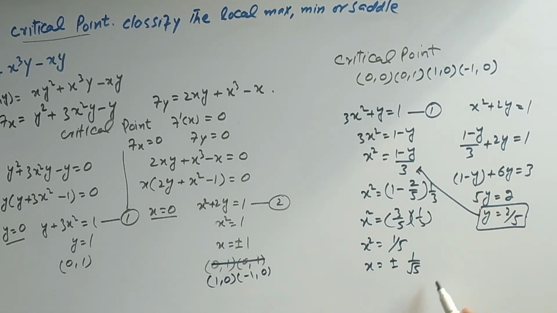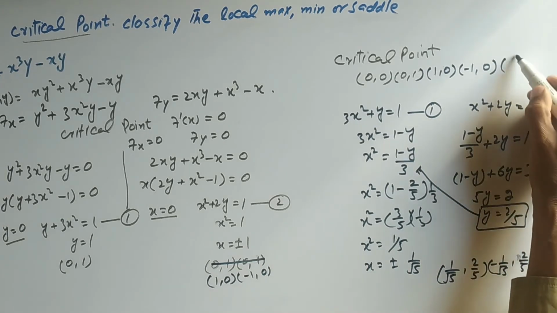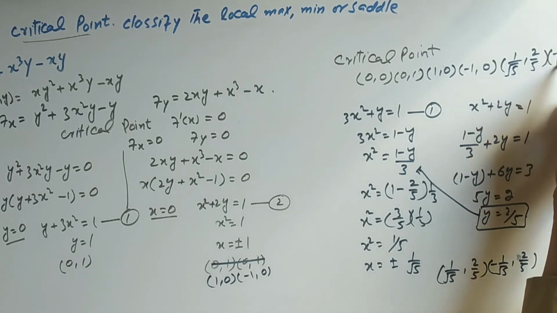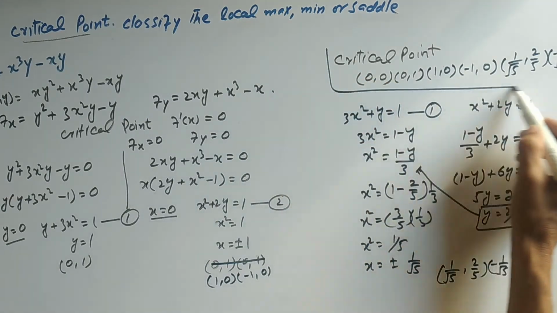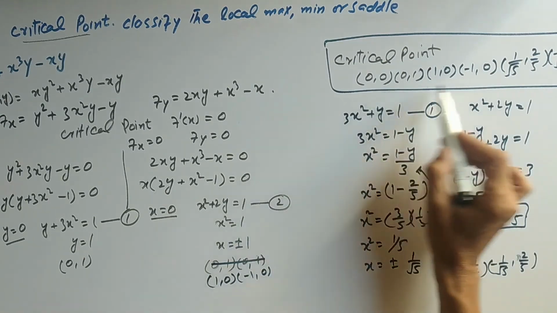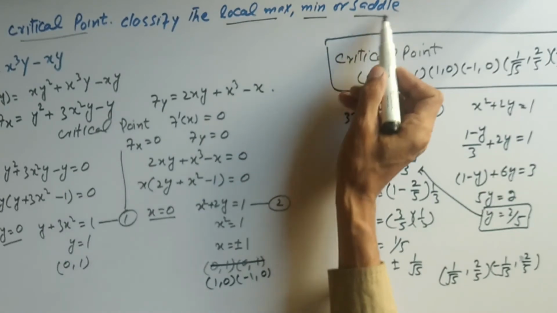Again two values come here. So I have got the points: 1 over root 5, 2 by 5, and minus 1 over root 5, 2 by 5. These are the 6 points which we have got as critical points. Now from these 6 points, we will find whether each is a local maximum, local minimum, or saddle point.